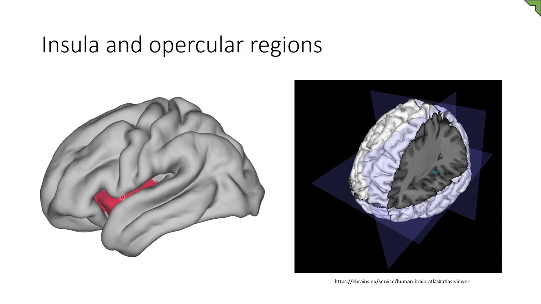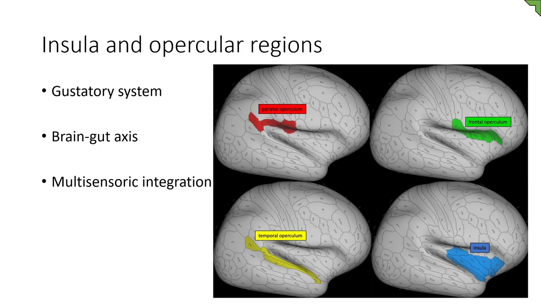So here the brain is folded into itself, and therefore the temporal lobe, but also the frontal lobe and the parietal lobe, have parts that are inside of this sulcus, and these are called the opercular regions, which also contain a lot of important functions dependent on the lobe that they belong to.